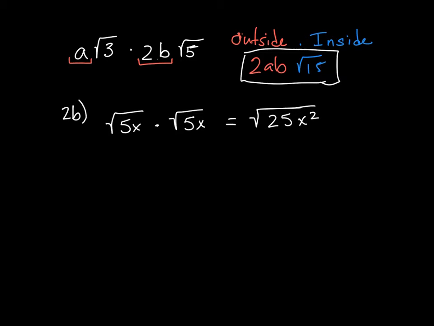And then as soon as I see I have a variable underneath that radical, I look back at the directions, and I see this lovely note that says variables are positive real numbers.